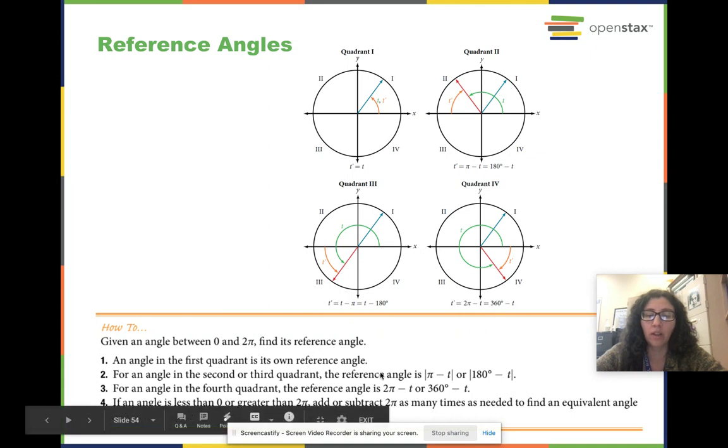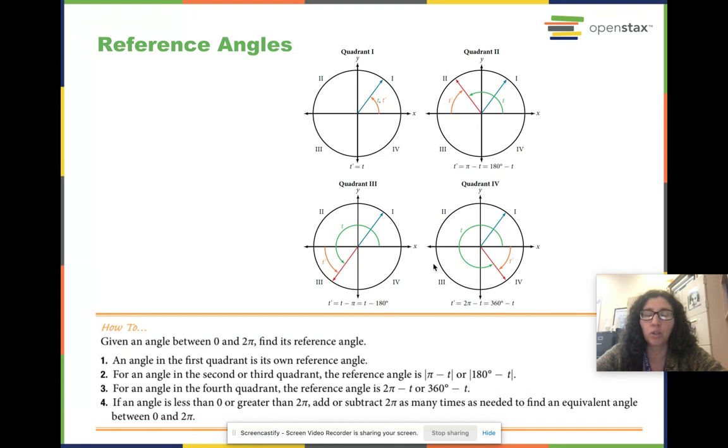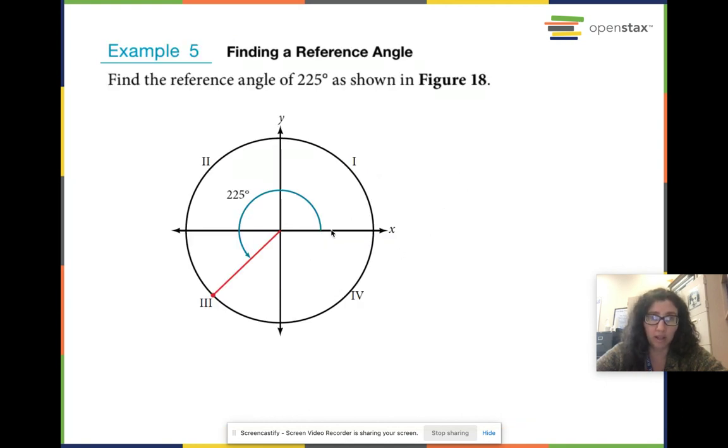There are these equations that you can look at. I find the equations really complicated and hard to think about. It's much easier for me just in the problem to ask, okay, how could I figure this out? So for example, here's an angle that's 225, and they ask, what is the reference angle? Well, the reference angle is going to be this angle here between this terminal side and the x-axis.